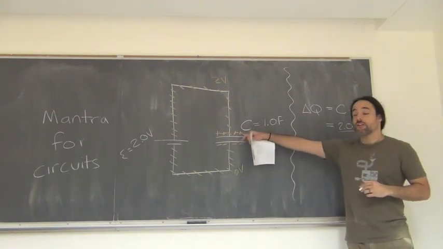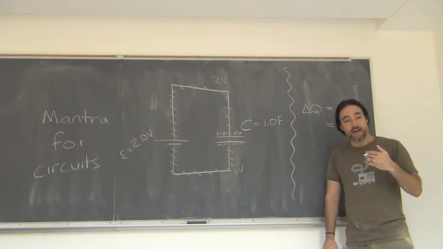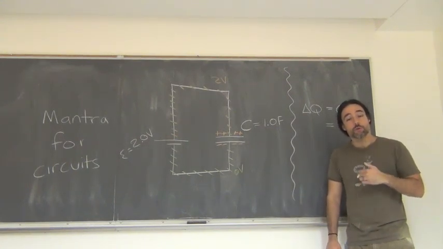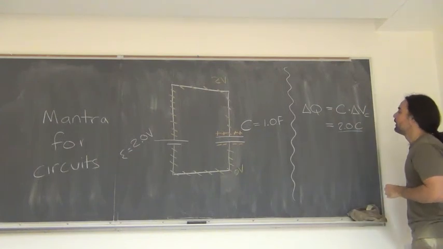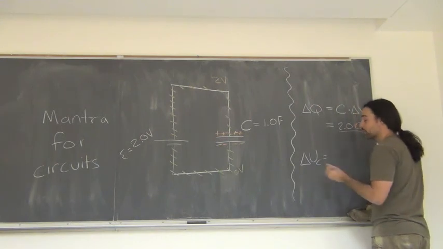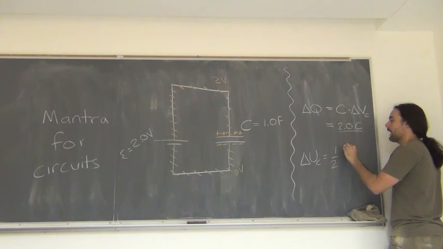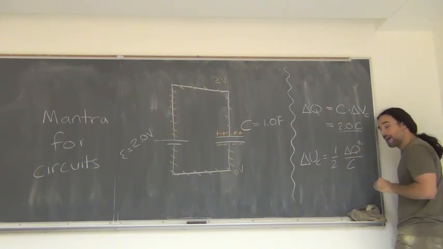Now I know that since there are positive and negative charges built up there, we have to have electrical potential energy stored within the capacitor. And I can figure out how much energy is stored in that capacitor, again, using the formula 1/2 the charge squared divided by the capacitance.